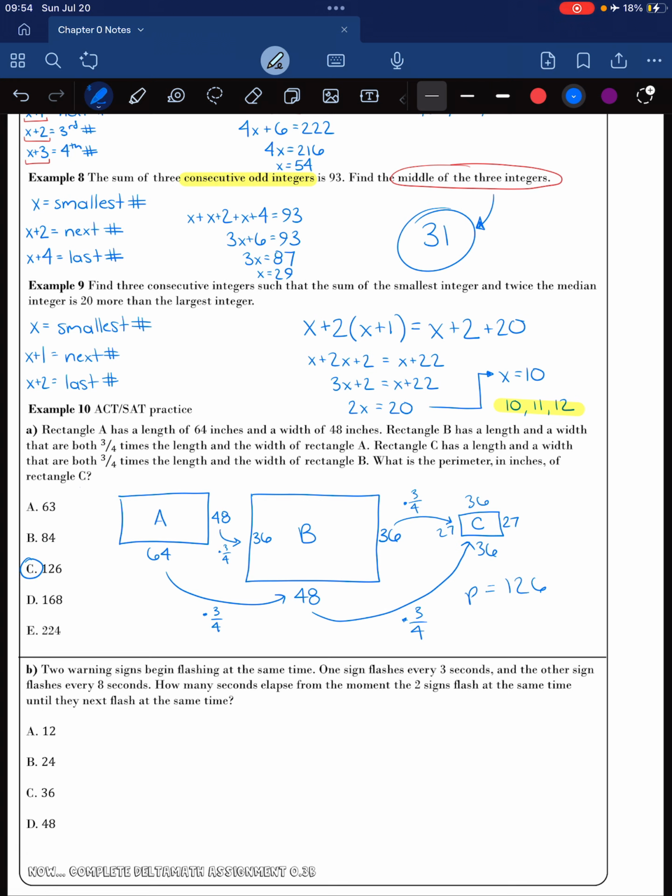Okay, B. B shows up on a bunch of ACT packets. It's always going to have to do with two lights flashing at the same time. Or sometimes the context of the problem will be someone who has two different events going on.